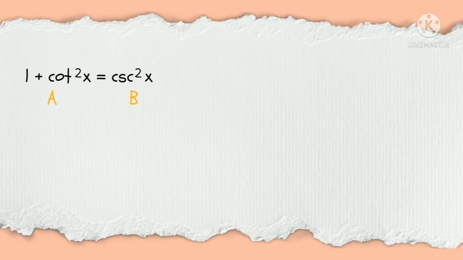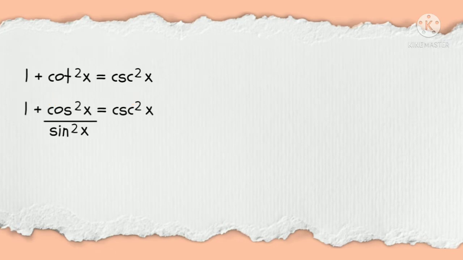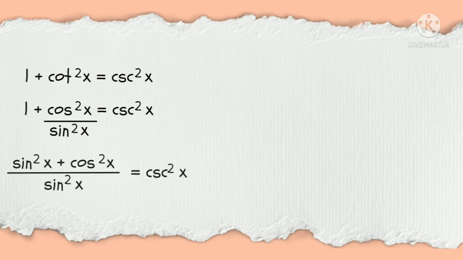As we can see here, cotangent squared theta is the same as cosine squared theta over sine squared theta based on the quotient identity. Since they are equal, we can now change it into cosine squared theta over sine squared theta. Now that we have 1 plus cosine squared theta over sine squared theta, we can add these two already using cross multiplication to have sine squared theta plus cosine squared theta over sine squared theta.